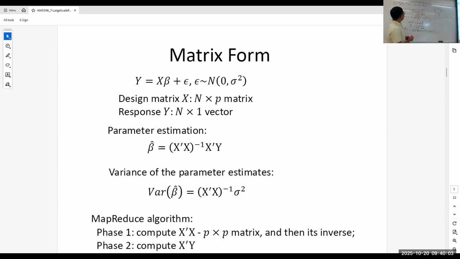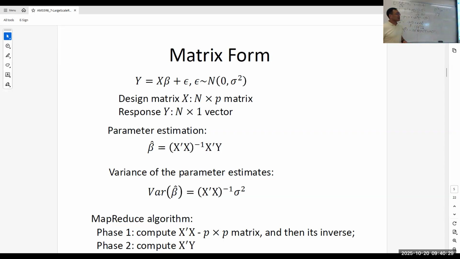Say your n is in the millions and p is in the thousands. Because after that you also need to get the inverse of this, p is relatively small.